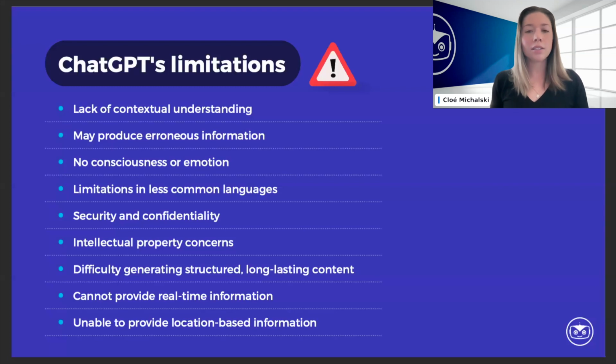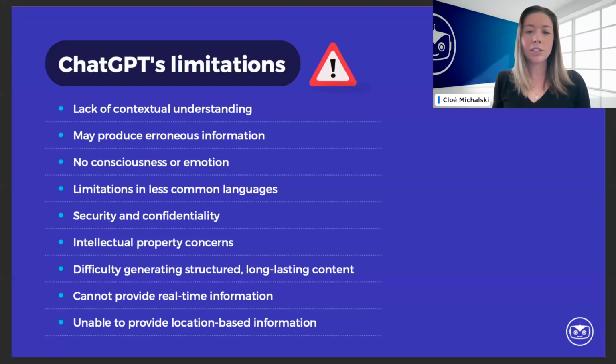So I think it's always important to check the information that is provided, and if you can, find sources that clarify that information. ChatGPT also has no conscience or emotion. It's software, it's normal, but sometimes the results can be rather dull or generic and lack the personal touch of a human, more like a chatbot or robot.